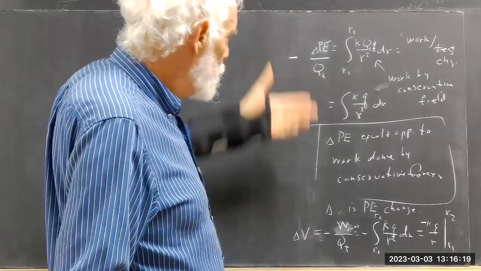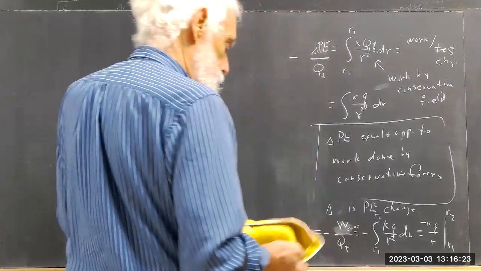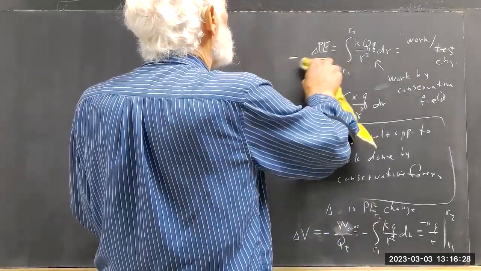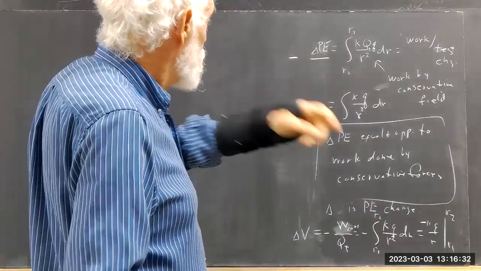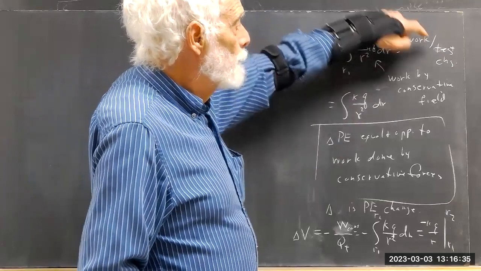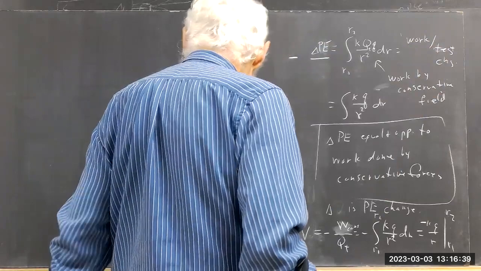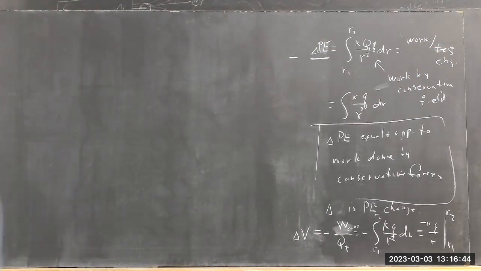Then I put a QT down here, which is totally appropriate here. Again, this is then the work per unit of charge. It's all messed up. I'm going to close this down and rewrite it. Well, I'm not going to close the Zoom down, but we're going to pause here.